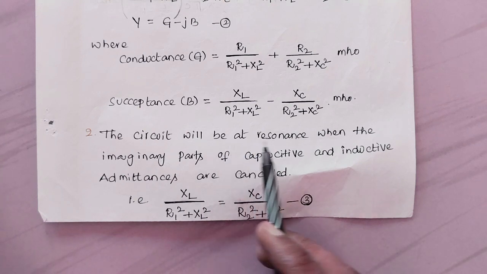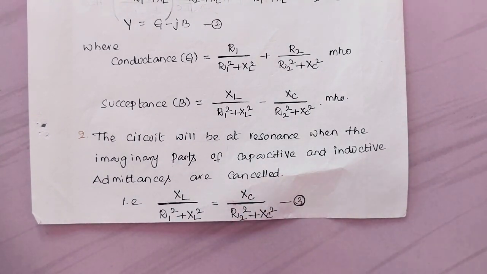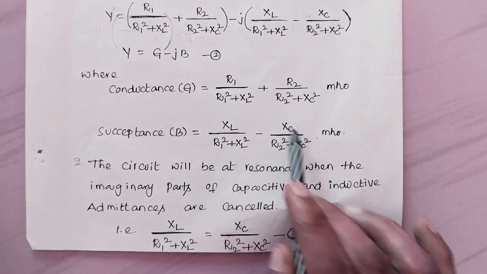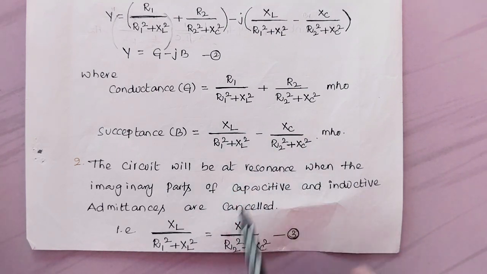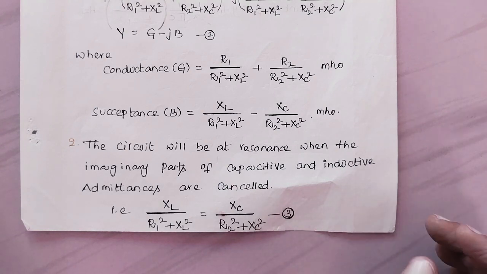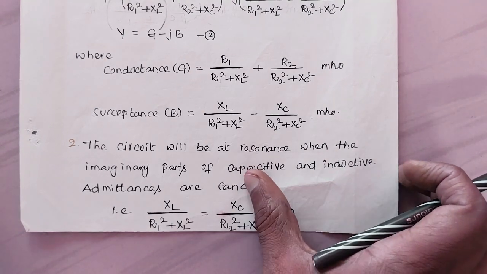The circuit will be at resonance when the imaginary parts of the capacitive and inductive admittances cancel. So XL by (R1 square plus XL square) equals XC by (R2 square plus XC square).